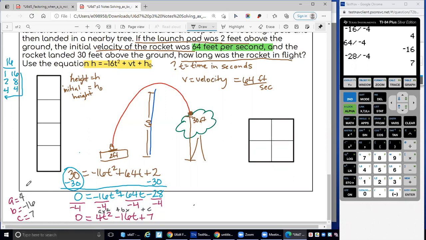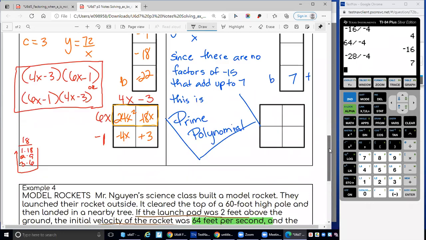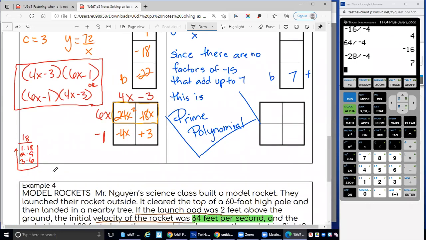Now, because A is equal to 4, how many boxes am I going to need? 1 or 2? Okay. That sounds like something y'all may have forgotten. Let me go ahead and write it someplace important. Okay. So we use 2 boxes, the tall and skinny and the short and squatty. We use 2 boxes when A is not equal to 1.